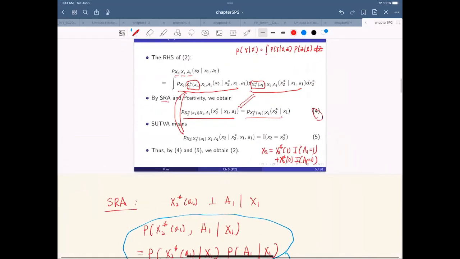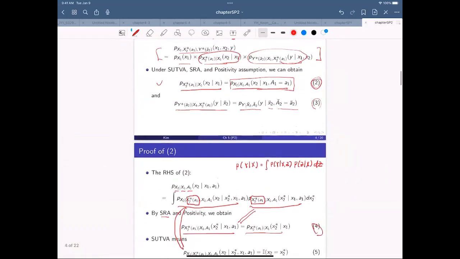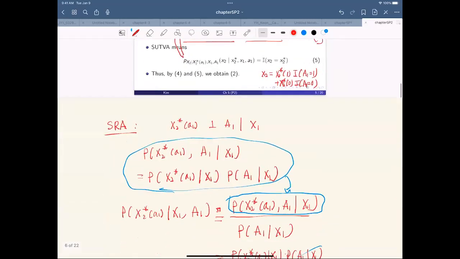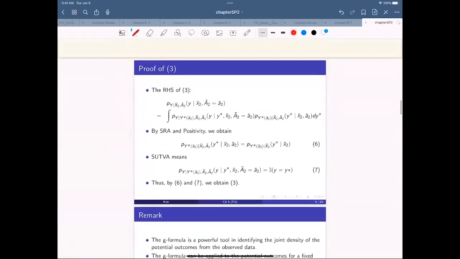So that basically takes care of equation 2. And so hopefully we can use a very similar idea to prove equation 3, right? If you compare the proof of equation 2 and the proof of equation 3, it's exactly the same structure, right?